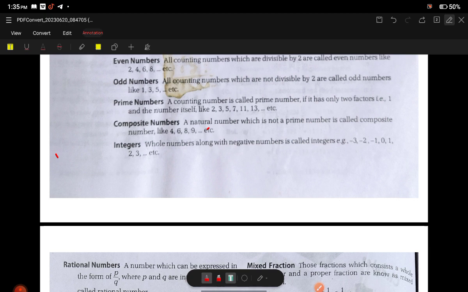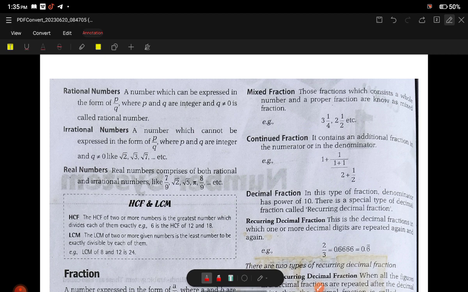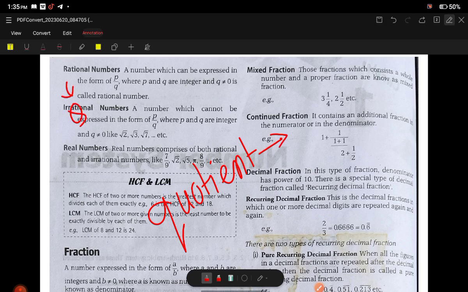Now coming to fractional or rational numbers. A rational number is a number which is a quotient of two integers. That is why it is denoted by Q, the quotient of two integers, p upon q.